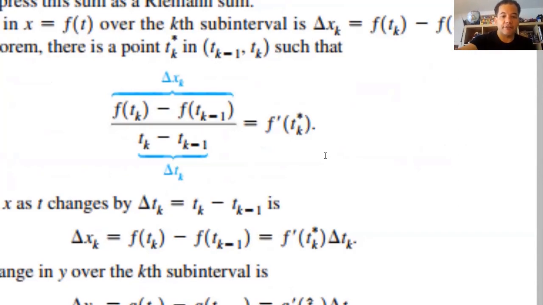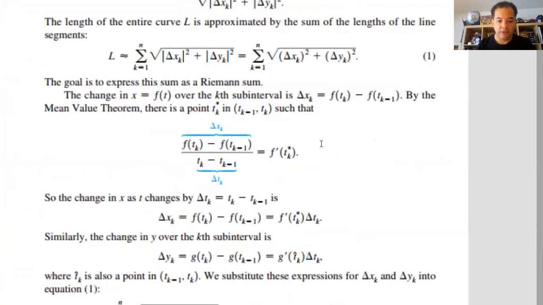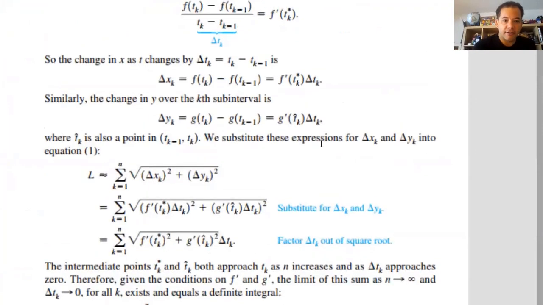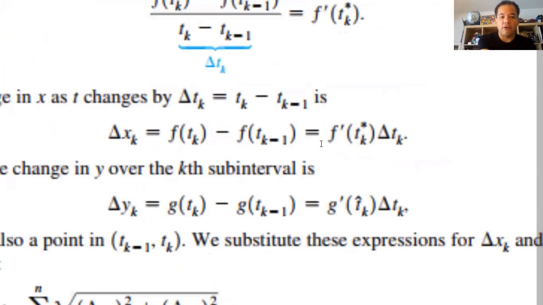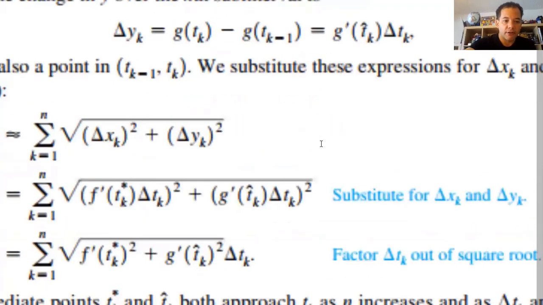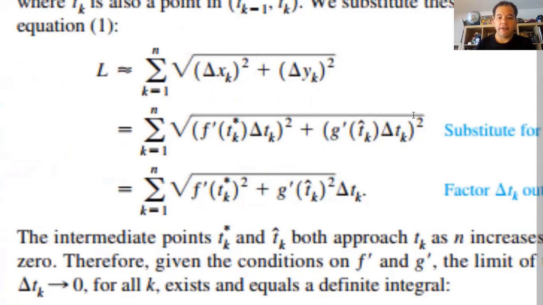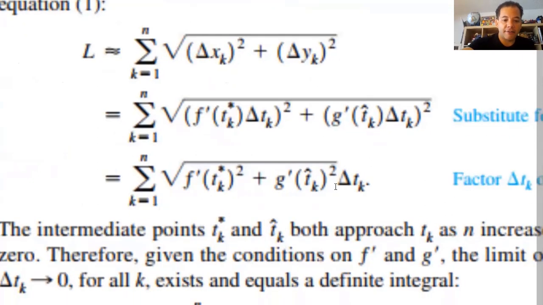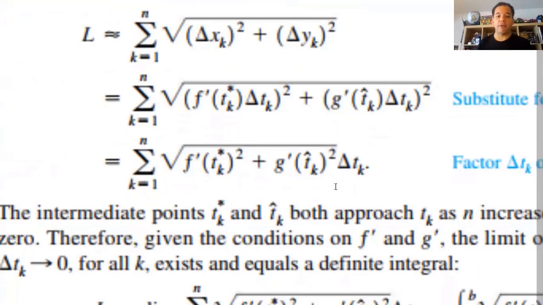So we get this identity: the change in x is the derivative at some point in between times the change in t. The same thing happens for y, only probably at a different time. But when we plug it in, you can factor out the change in t, and that's fantastic because now it looks like a Riemann sum.